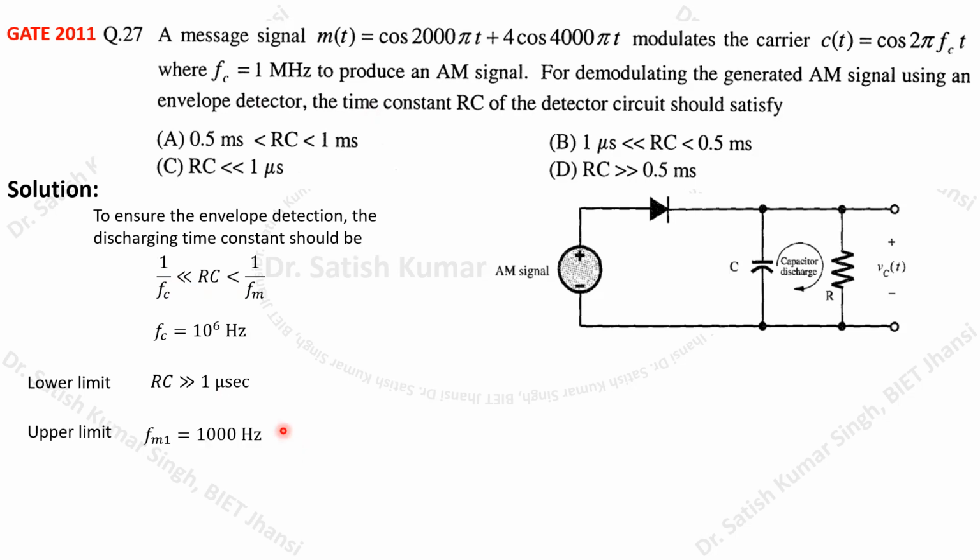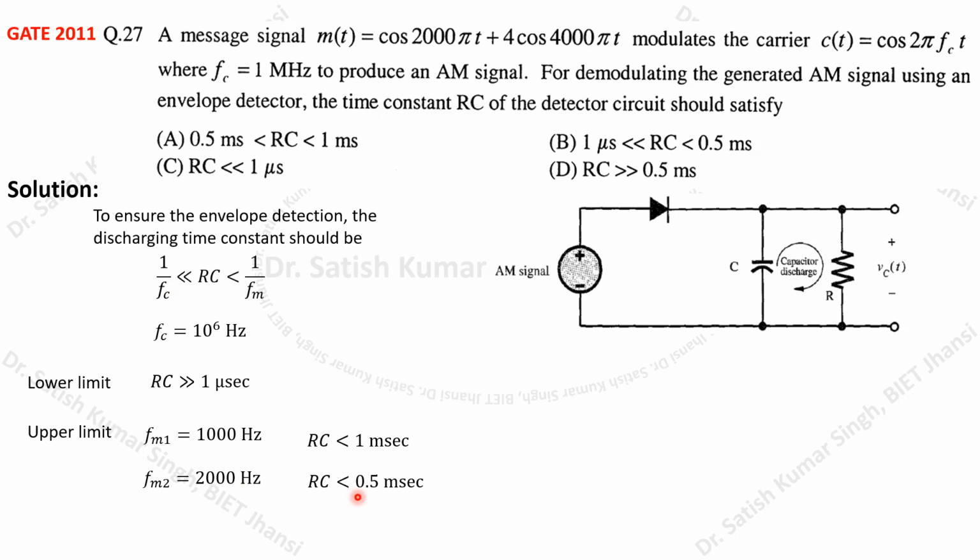If we choose fm1 = 1 kilohertz, the RC time constant should be less than 1 millisecond. If we choose fm2 = 2 kilohertz, then RC should be less than 0.5 millisecond. You might wonder which value we should take to ensure envelope detection.